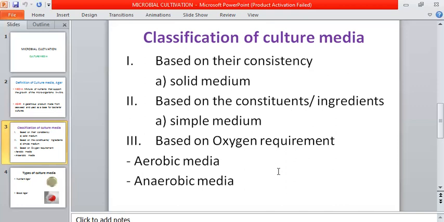And when we inoculate the particular microorganisms, using the sample that you have, maybe a sample that contains saliva, air, or any liquid, you inoculate it on this media, and they are able to grow.